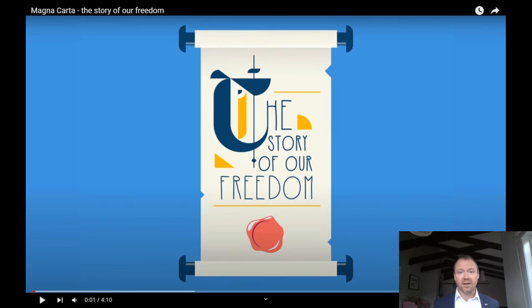So even here in Australia, the impact of the Magna Carta is hugely relevant. It's probably the single most important legal document in the history of the world ever. So it's a big deal.